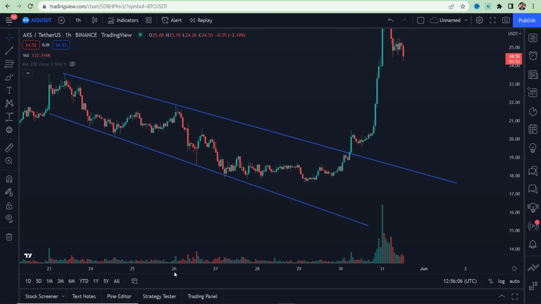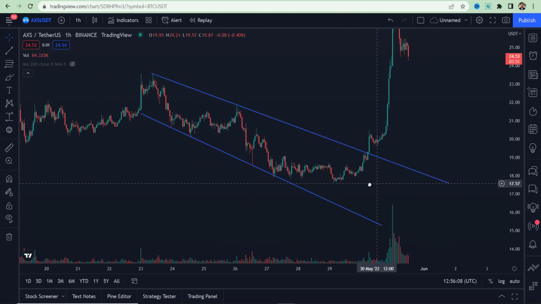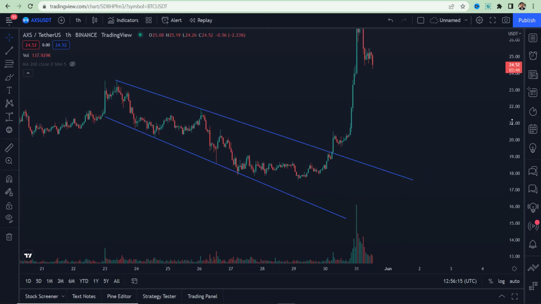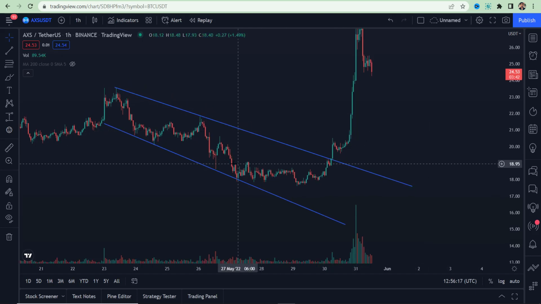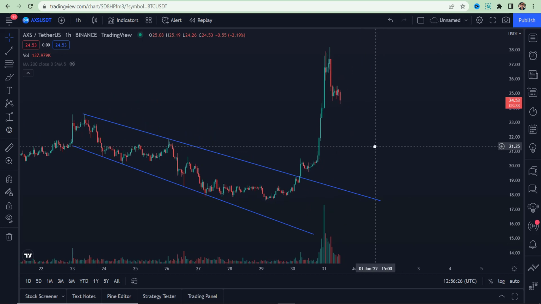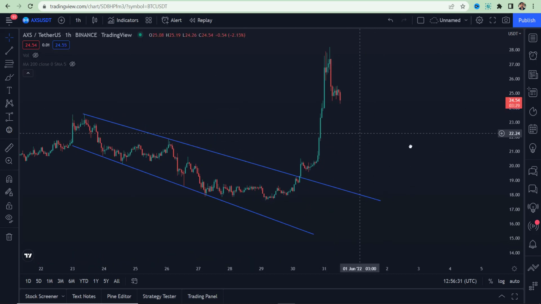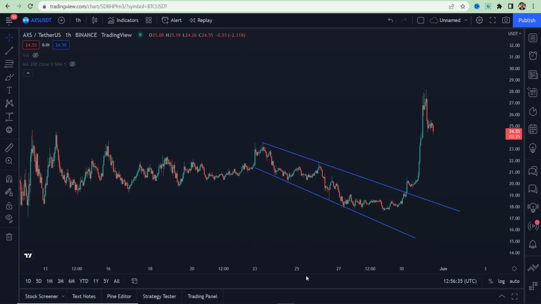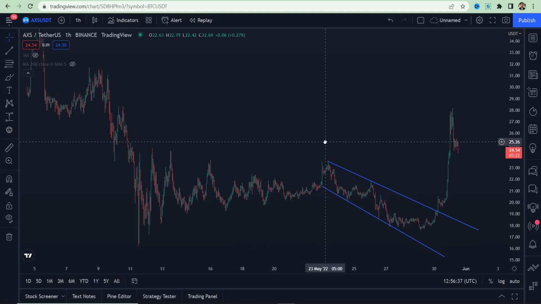If somebody had told me about Axie a few days ago, on 23rd May, or commented on my YouTube video asking for a video on Axie, I would have definitely told you what you should be targeting if it breaks out. So let's say both of us missed this move. Well, this is spilled milk. I have already given you some other coins as well.